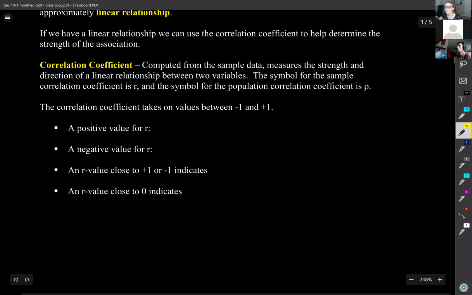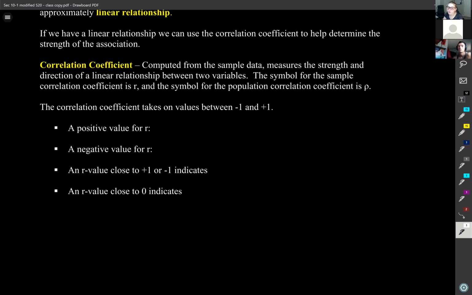So what is this correlation coefficient though? Like, what does it look like numerically? It can take on values between -1 and +1. A positive value for R means something different than a negative value for R, so I'm going to write down what each of those means.